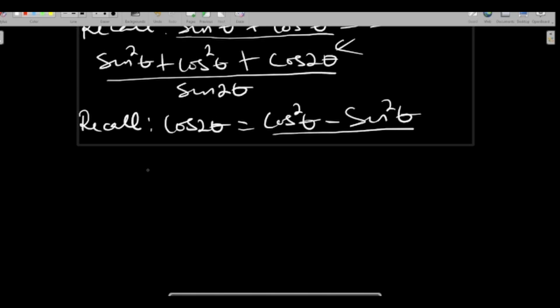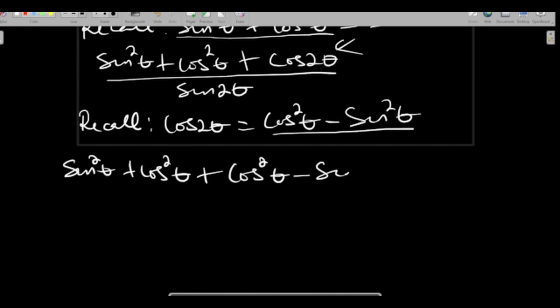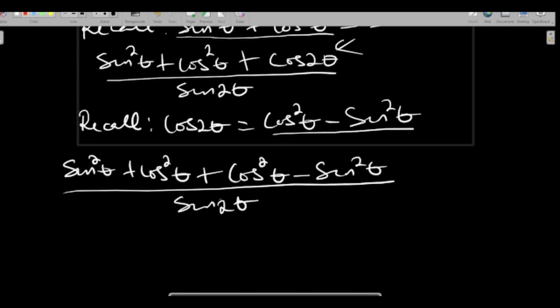So if I do the replacement, I'm going to have sine squared theta plus cos squared theta plus, remember, this is now going to become cos squared theta minus sine squared theta, all over the denominator, which is sine 2 theta.